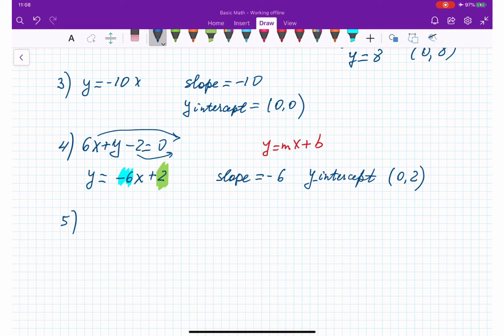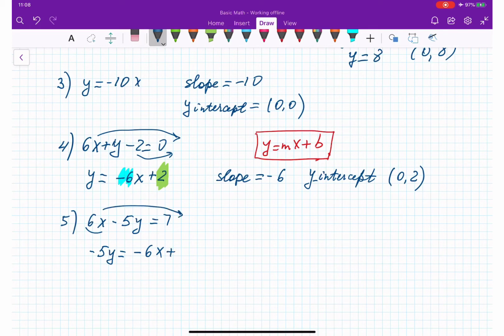We have 6x minus 5y equals 7. Again, we are going to use this format. So we need to find y from here. We get negative 5y is equal negative 6x, because 6x is positive, and once I'm moving, it becomes negative, plus 7.